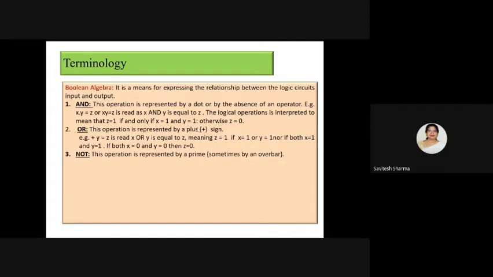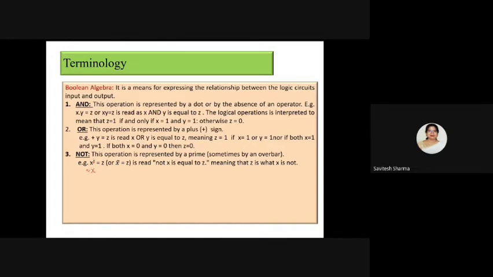The next basic operation is NOT. It will be represented by the prime or over bar. That means you will use this prime, and this x prime is actually representing a NOT operation. Sometimes people use this negation symbol also to represent the complement, this NOT operation.